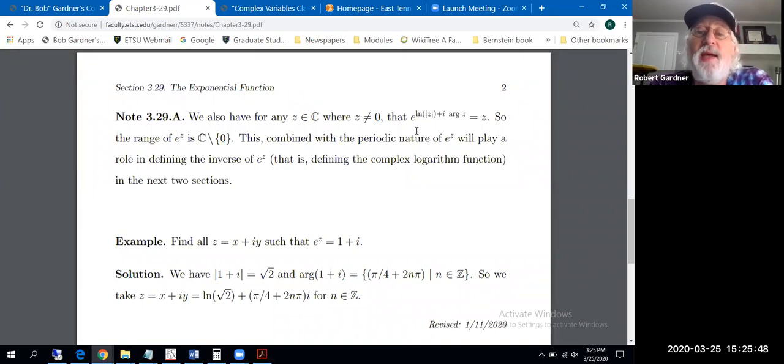So the exponential function will produce any complex number z if you put in an appropriate input, telling you the exponential function is onto. It takes on all values in the complex plane, except for 0, which we eliminated above. So the range of the exponential function is the whole complex plane except for 0.